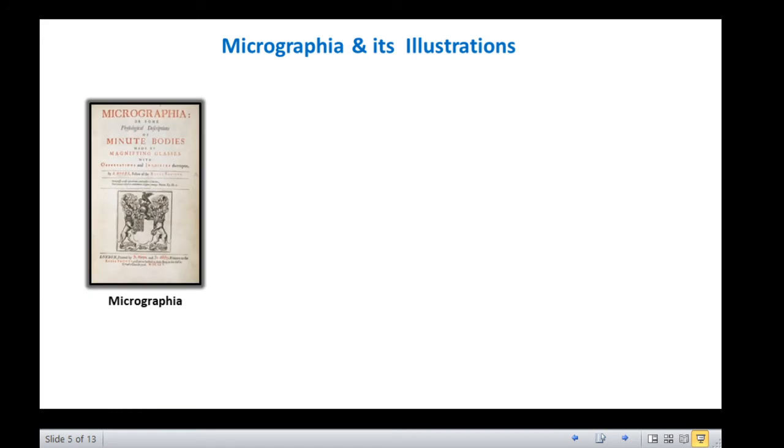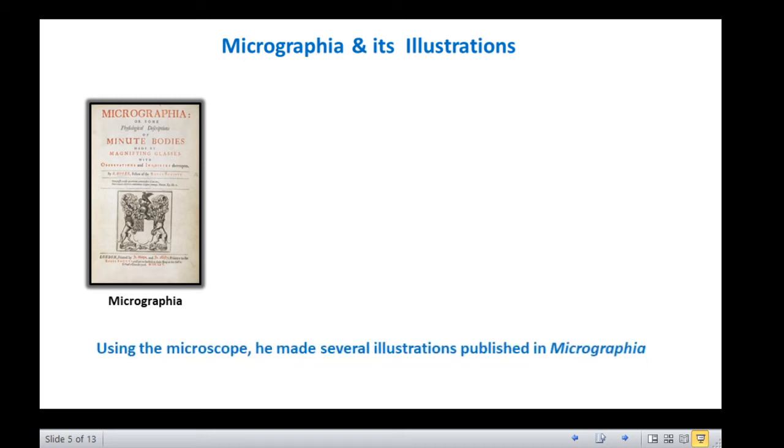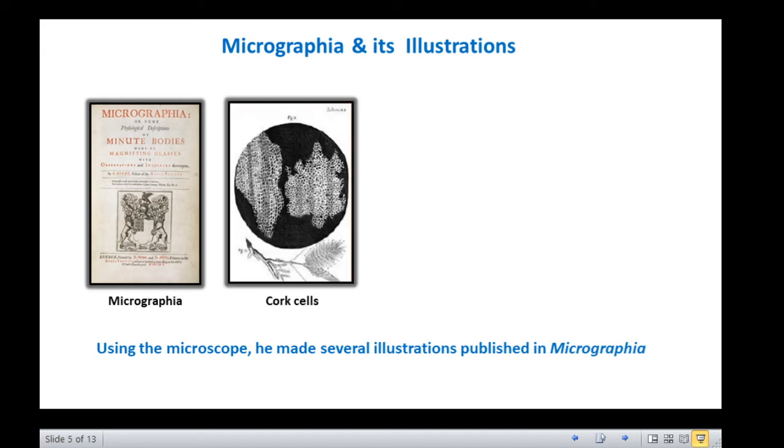In 1665, the Royal Society published his Micrographia, which was an accurate and detailed record of his observations, illustrated with magnificent hand drawings. As mentioned in the previous slide, Robert Hooke illustrated the cork cells that he had observed.